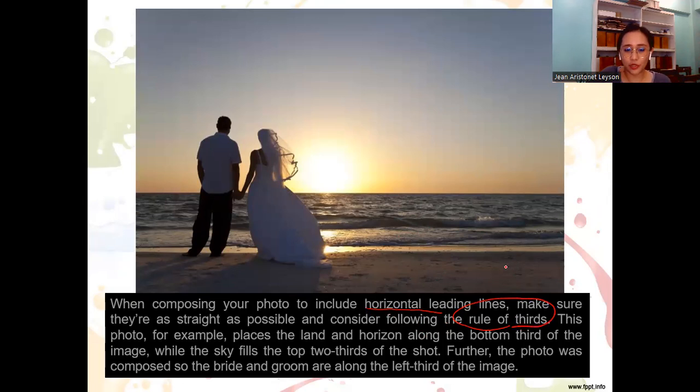This photo, for example, places the land and horizon along the bottom third of the image, while the sky fills the top 2/3 of the shot. Further, the photo was composed so the bride and groom are along the left third of the image.